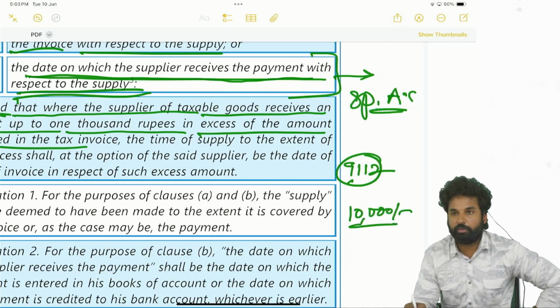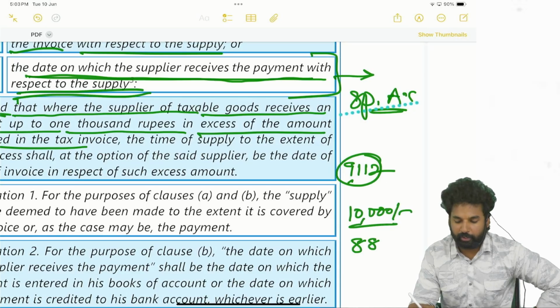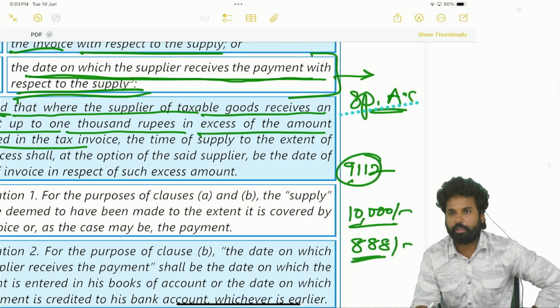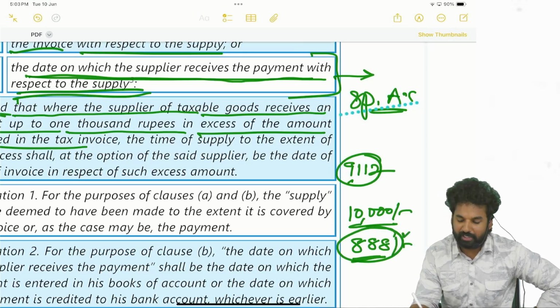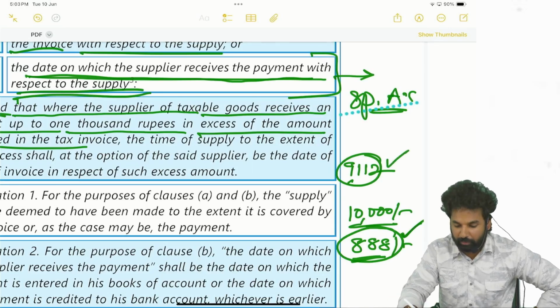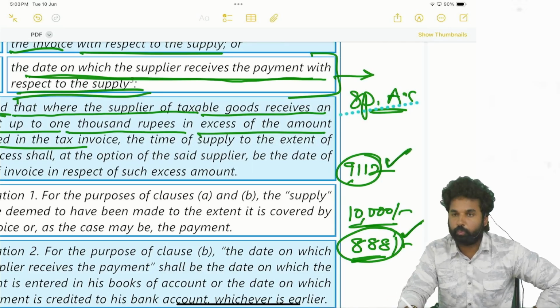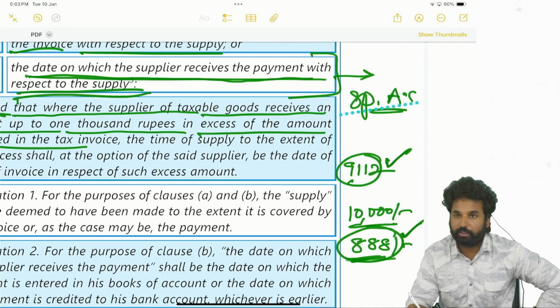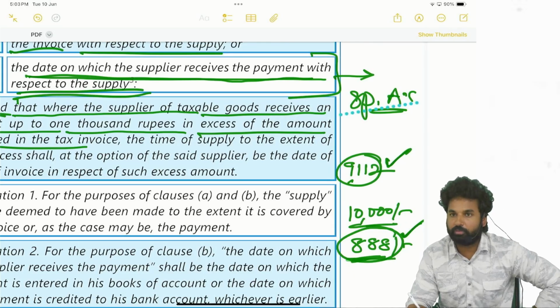That means we have received 888 rupees extra. We issued the bill for 9,112, and we received 10,000 rupees, so 888 rupees we have received extra.